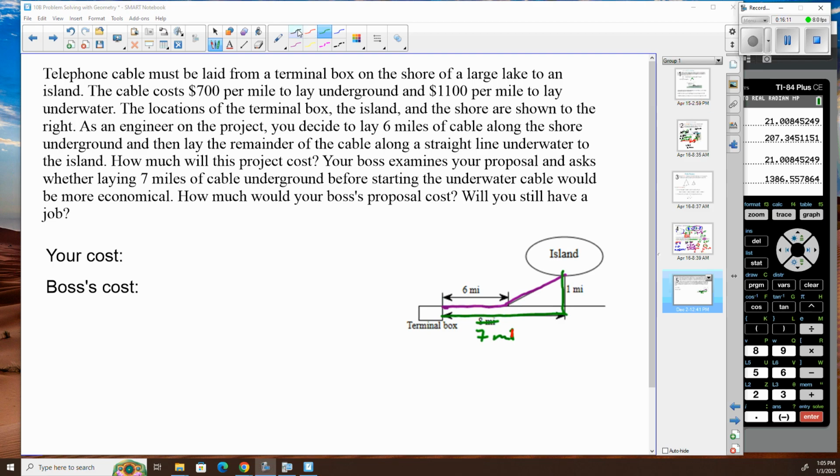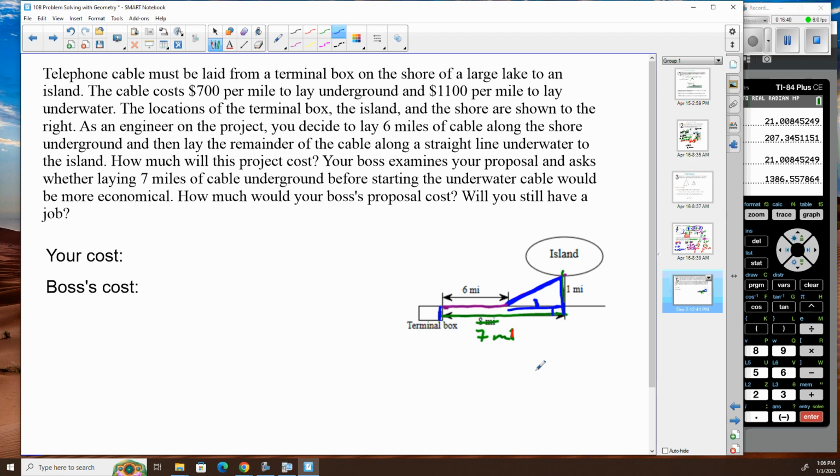Okay, so I'm going to figure out your cost first. We first need to know how much right here you're going to do underwater. So since from here to here is 7 miles, and you go 6 miles this direction, that means you're going to go 1 mile. There's 1 mile right here to give us the total 7 miles. So basically, if I want to find this length, I have a right triangle.